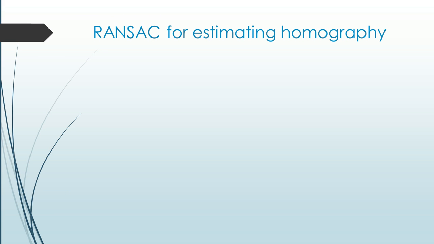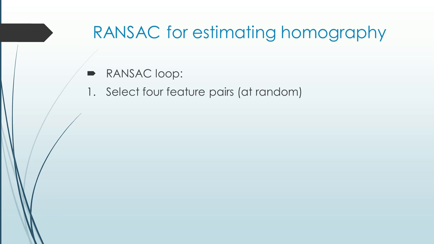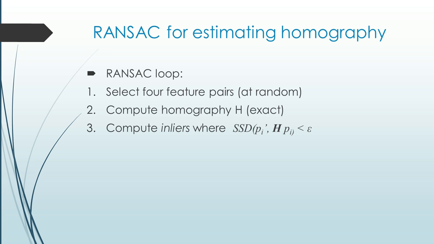So as an overview of this RANSAC algorithm, we perform a loop, first selecting 4 feature pairs at random, and then we compute the homography H, which is basically the direction of correspondences, and then we compute the inliers.